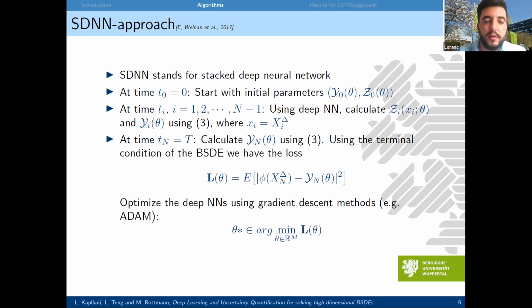And moreover, from these values, we approximate the value of the Y by using the Euler discretization. And then by going forward until the end, we try to match what we know, which is the payoff. And then by using gradient descent methods, for example Adam, we can minimize this loss and try to find a good estimate of the solution.